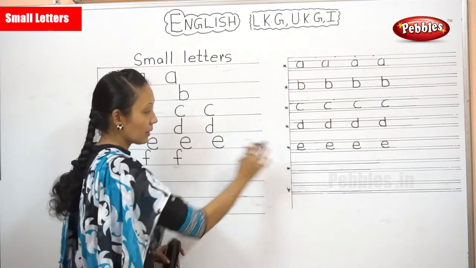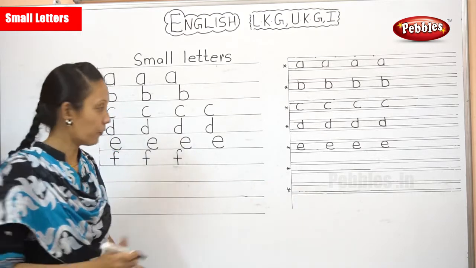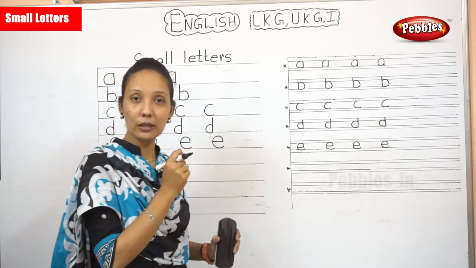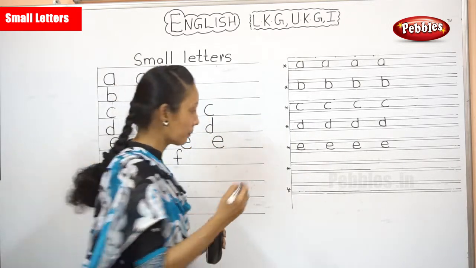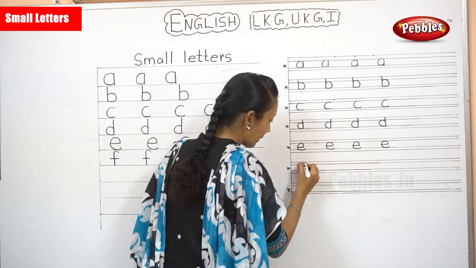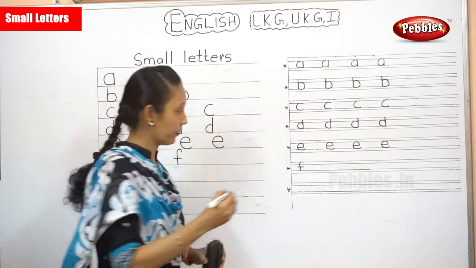Now, shall we learn to write the F in your 4 lines? Where do you start your F from, children? Yes, you need to start it from your first line, come down to the third line and a sleeping line, small f.